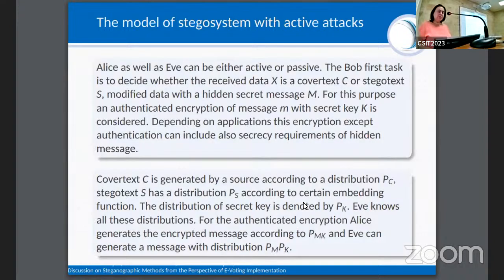Then we considered the next model with active attacks. Here, not only Alice, but also Eve can be active. Eve has the possibility to change or to send some fake information. And now Bob's task is to decide whether the received data is a cover text or stego text.